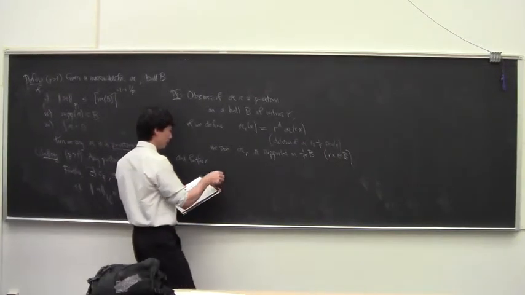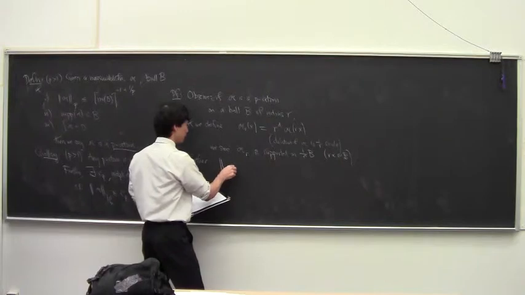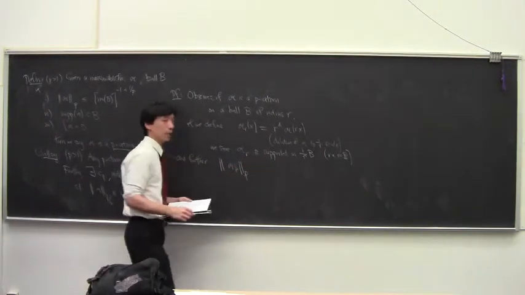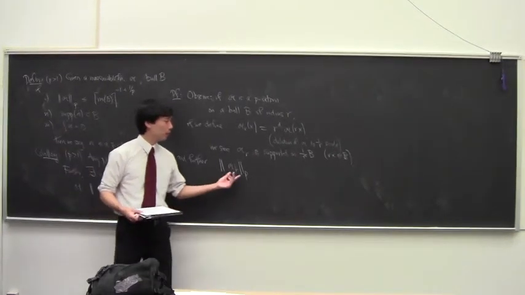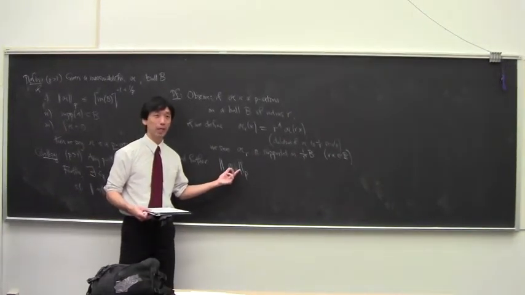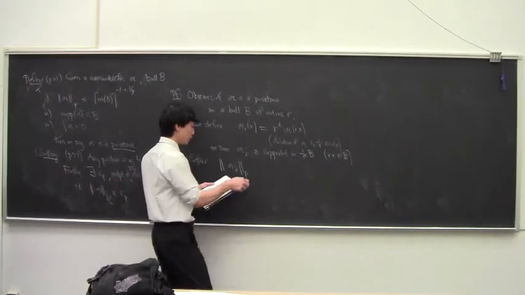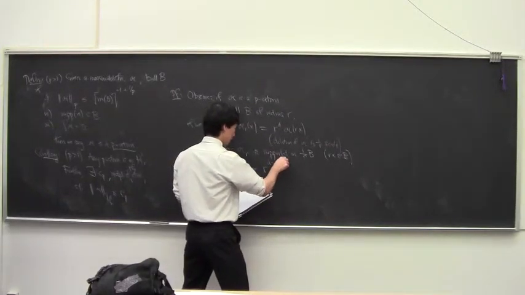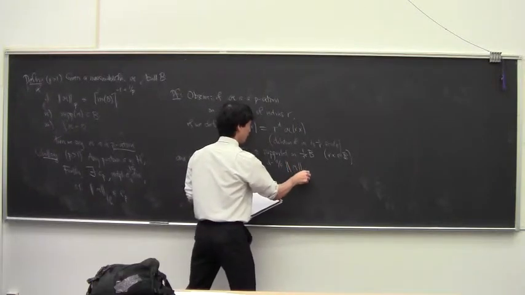Further, if you do the calculation and look at the LP norm of the dilated function, what you get is r to the d minus d over p times the LP norm of the original.